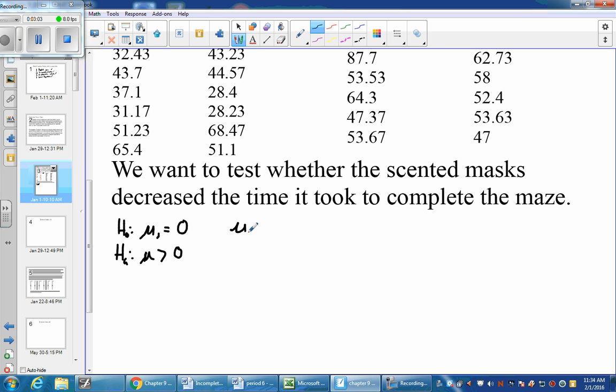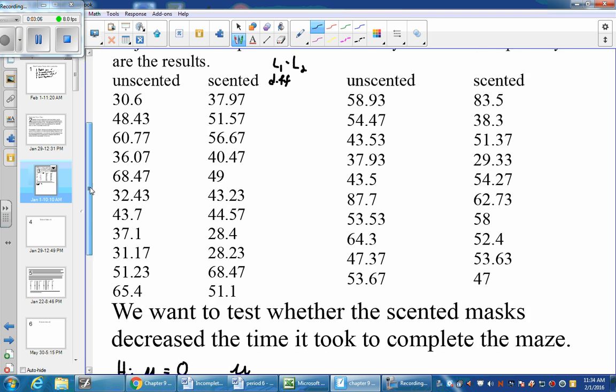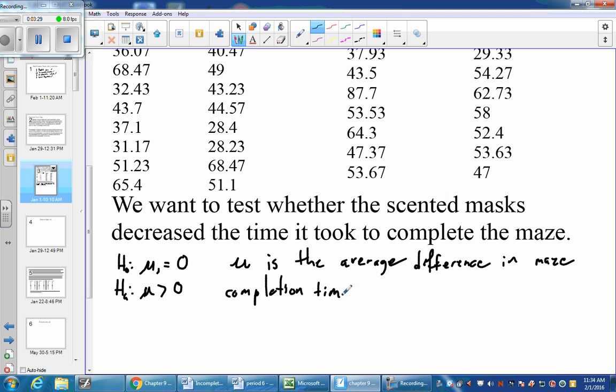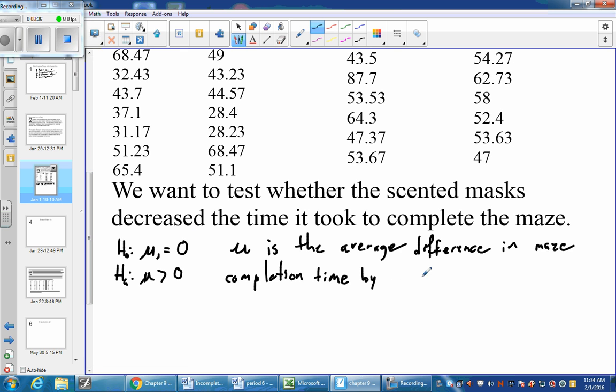So mu, we have to be very specific on our mu here. Mu is the average difference in maze completion time, and then you can say with scented minus unscented.